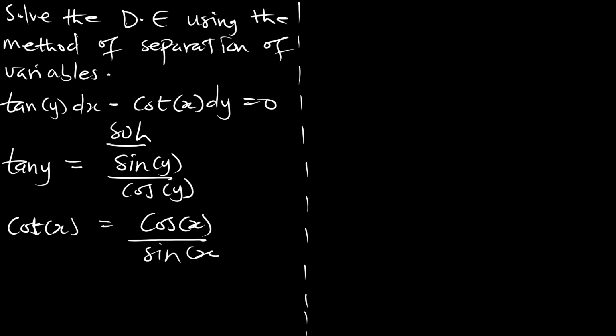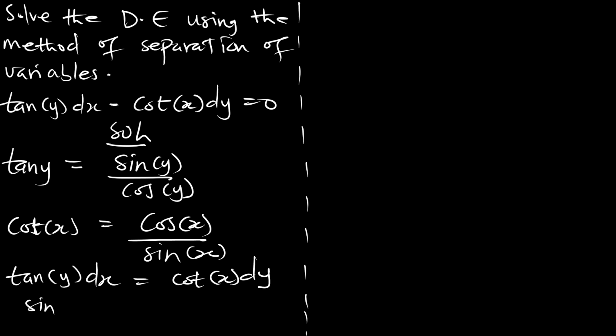So we can put this into the equation. When we say tan y dx should be equal to cot x dy, then we are going to get sine of y on cos of y dx equal to cos of x on sine of x dy.